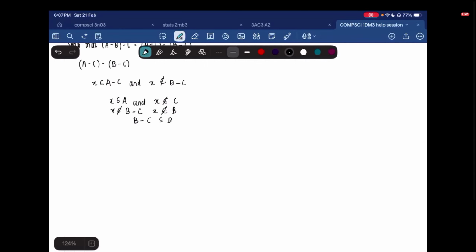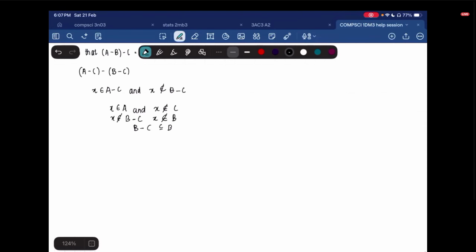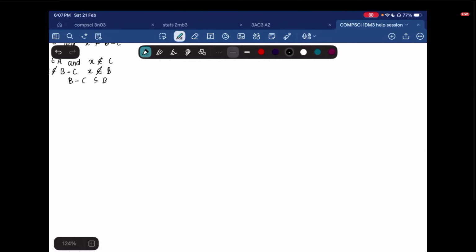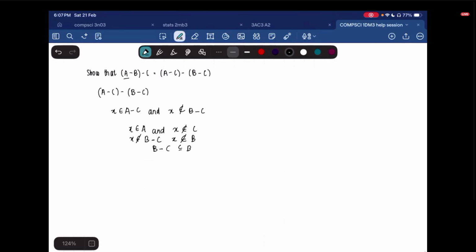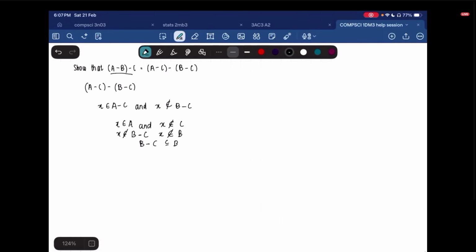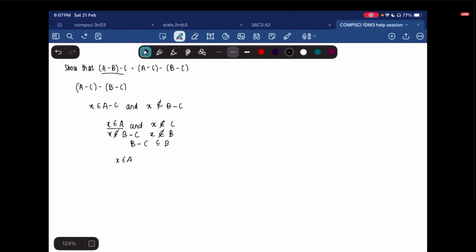Okay, so we need to show that we get this. We have X in A from here and X not in B from here.